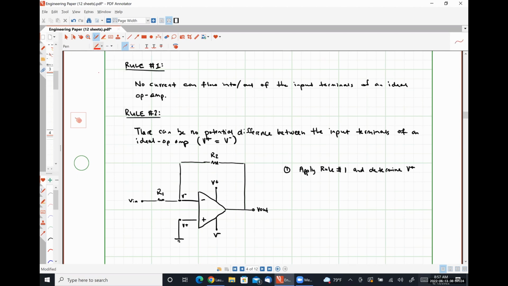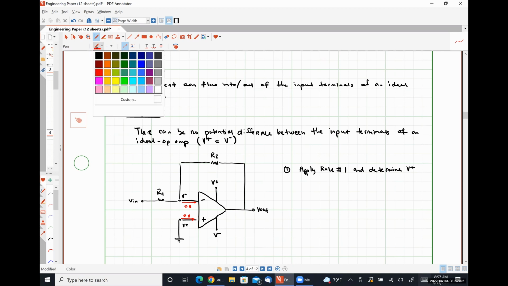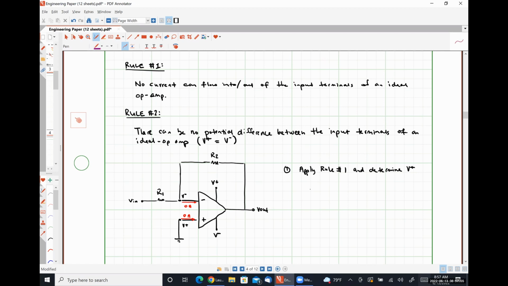How I typically do this is I make a note to myself that the current flowing into the op amp in either of the input nodes must be 0. And then I do any circuit analysis that is necessary to determine the voltage V plus. In this case, we can find by inspection that V plus is equal to 0 volts.